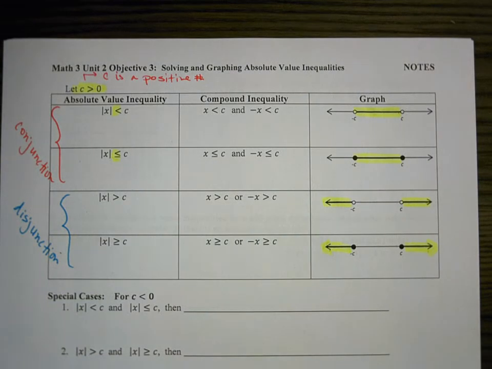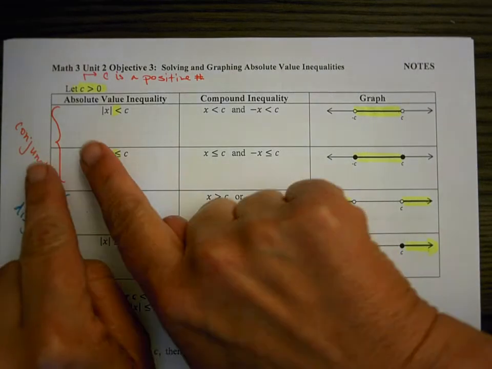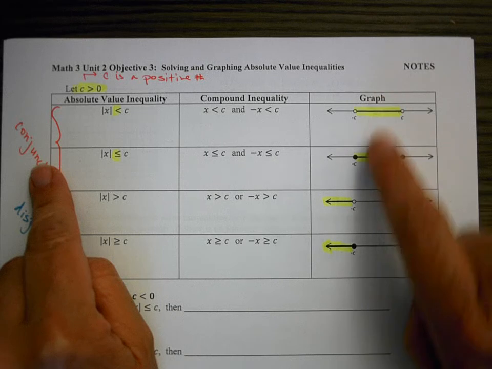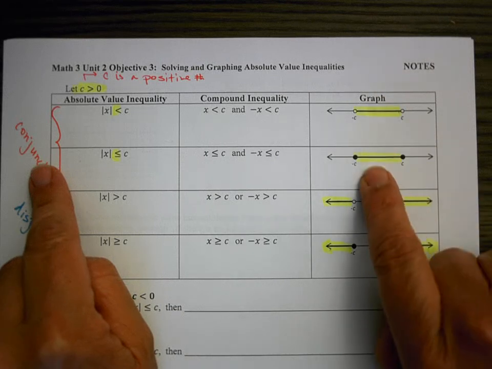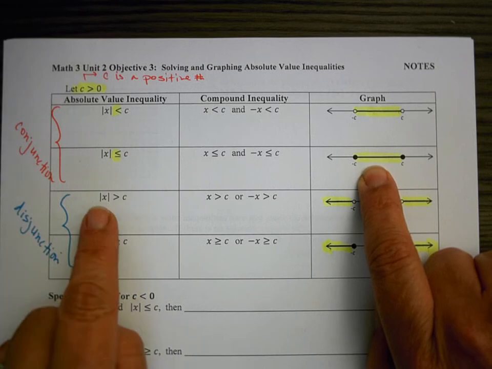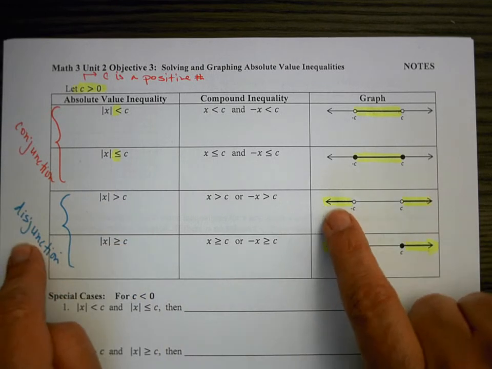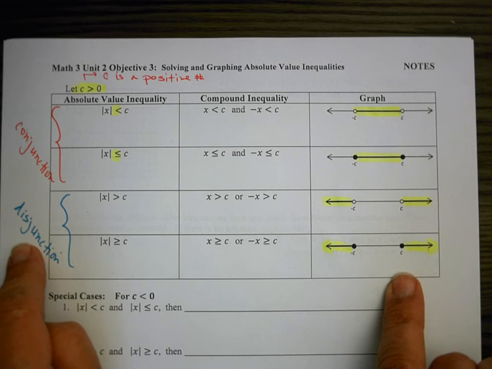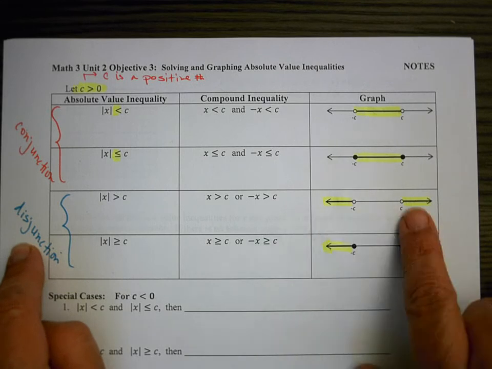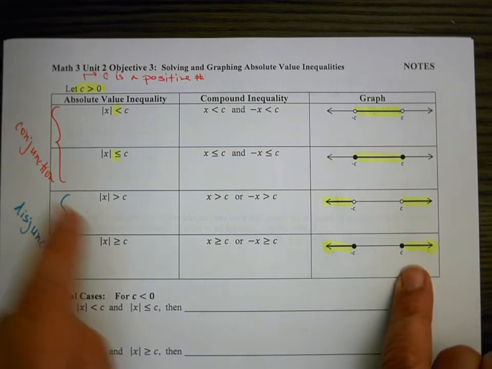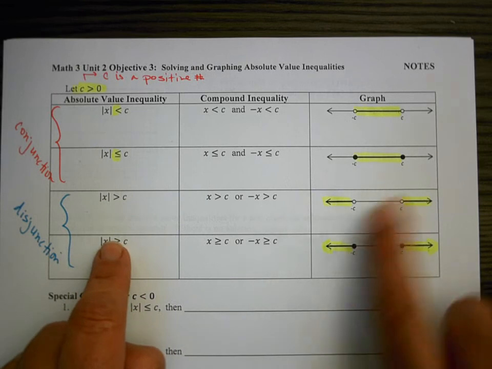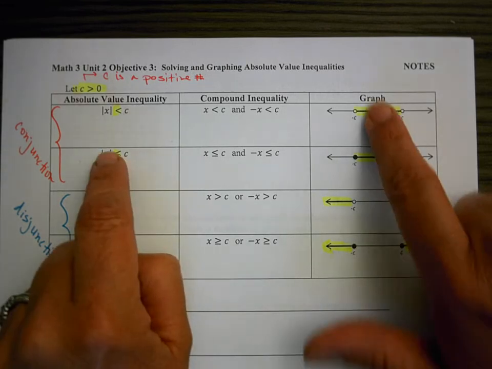So one big idea here is that if we have a conjunction, we have a combined solution, meaning there's only going to be one solution, so one section shaded. Whereas if it's greater than, then we have a disjunction, so we have two sections that we will be shading. Whenever it's greater, two sections; less than, combined.